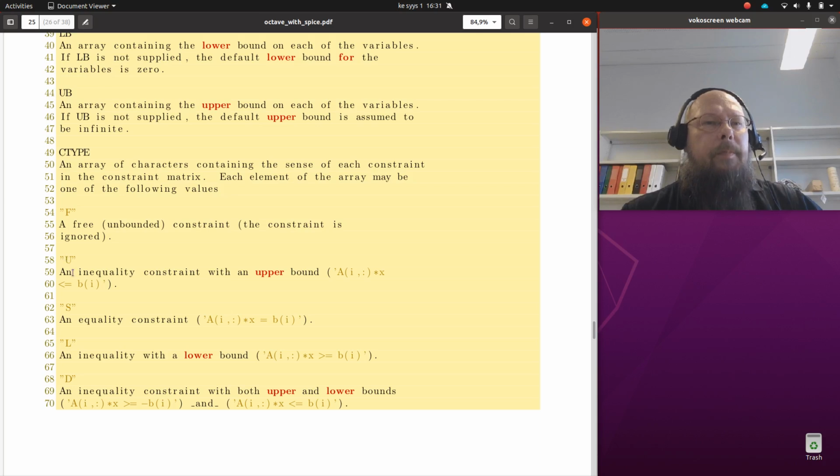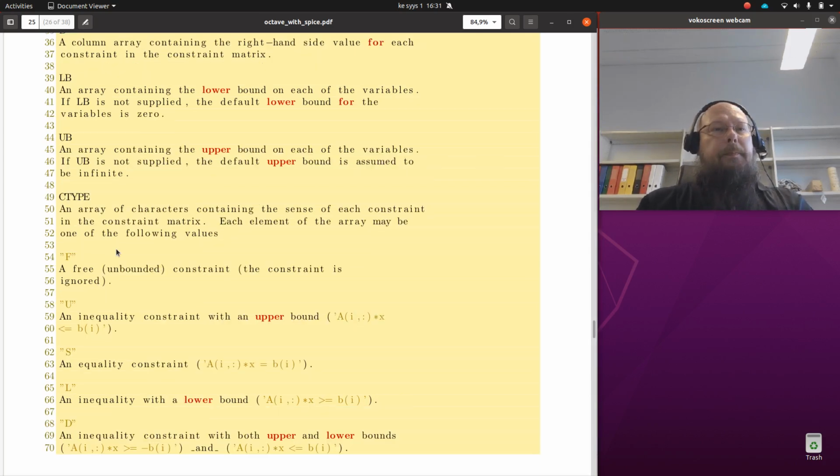U is an inequality constraint with an upper bound, U like an upper bound, meaning, note the colon notation here, the ith row times the matrix X is less than or equal to bi. So this is what we use. That's nice.